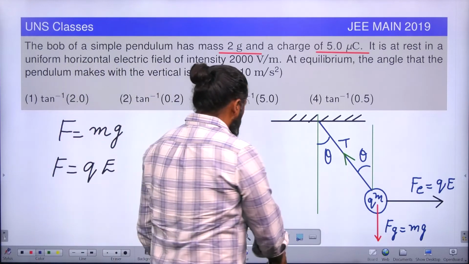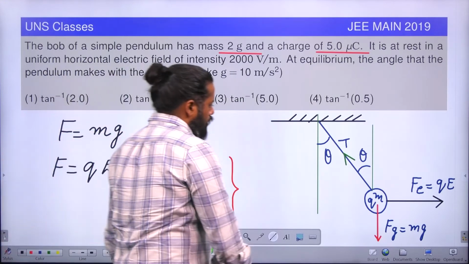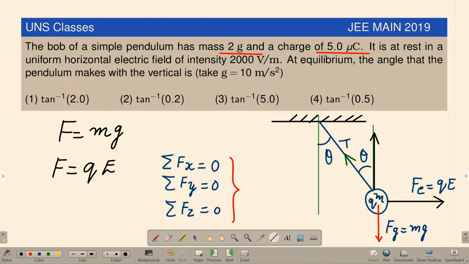Now we can resolve this tension into two different components. One component of tension will act in the positive y direction, and another component will act in the negative x direction. The projection in the y direction is T cos theta, which will be acting in the positive y direction.